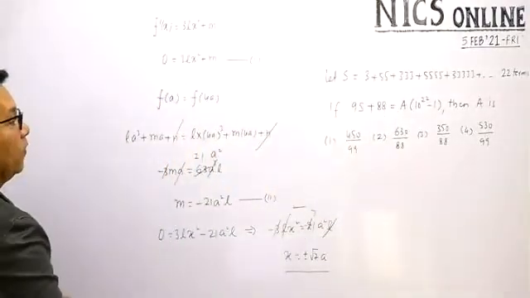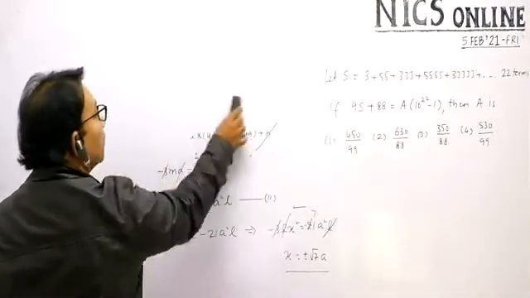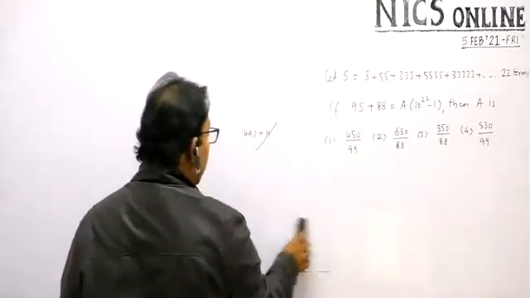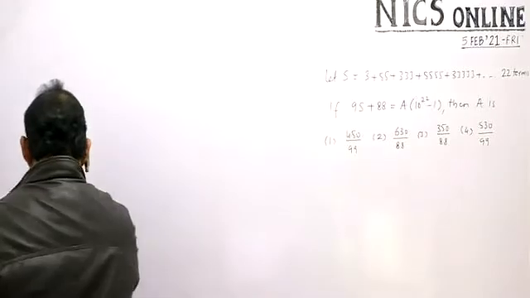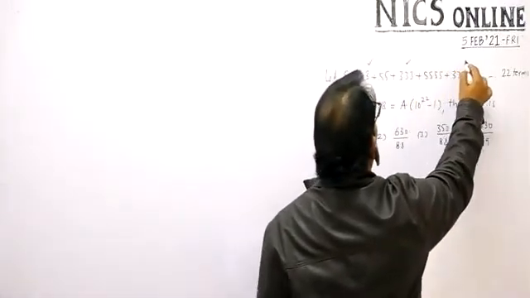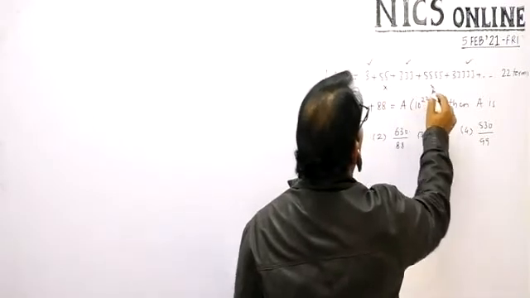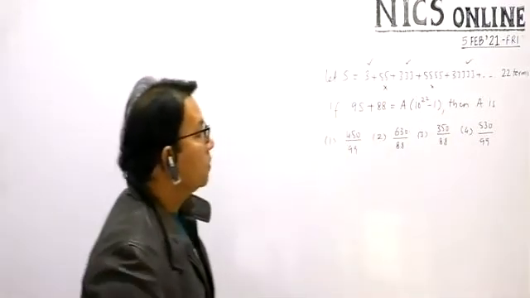Read the question carefully. There are 22 terms in the sequence, and the terms are basically of two types. At odd places you have one kind of term, and at even places you have the other. And there are 22 terms.